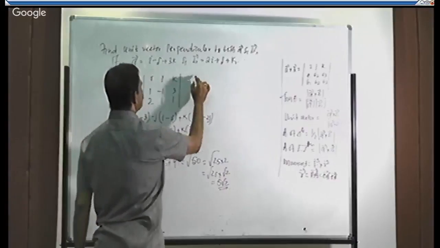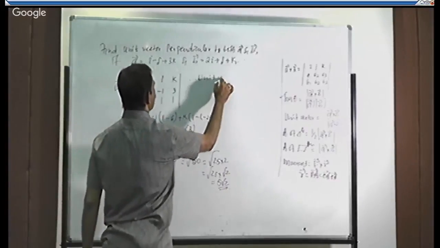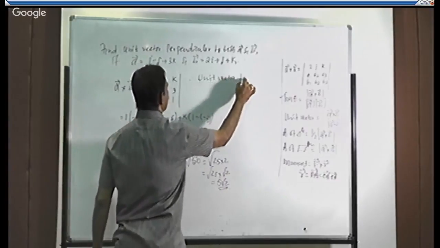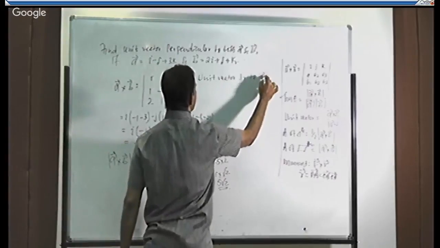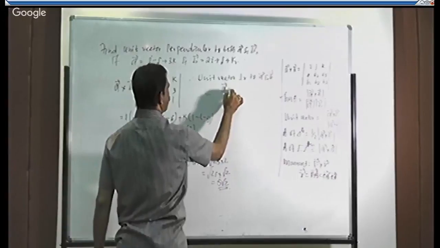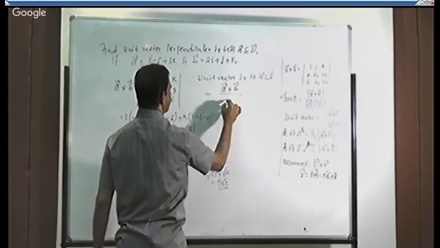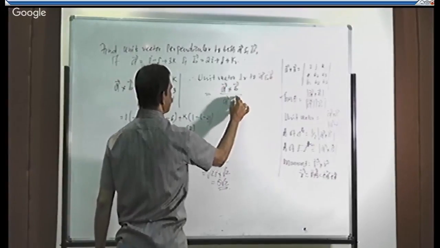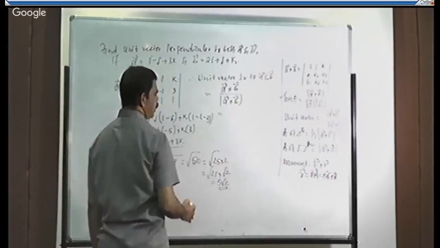Therefore, the unit vector perpendicular to A and B is given by vector A cross B divided by magnitude of A cross B. So what is vector A cross B?